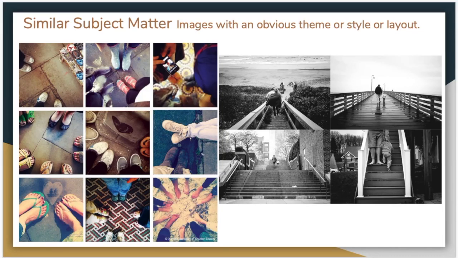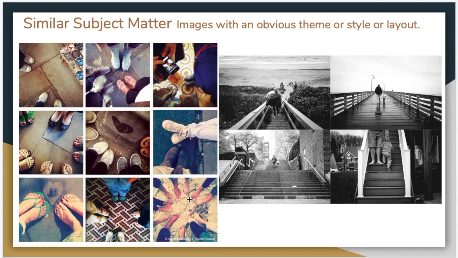Your next option is similar subject matter. What that means is your images all have a similar image or a similar subject or similar colors. In this one, you can see on the left, this girl just went around and took a bunch of photos looking down at her friend's feet.